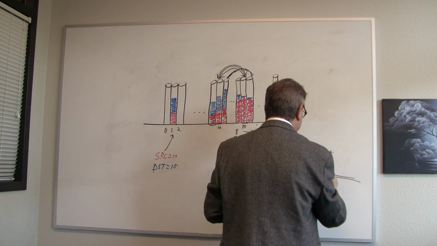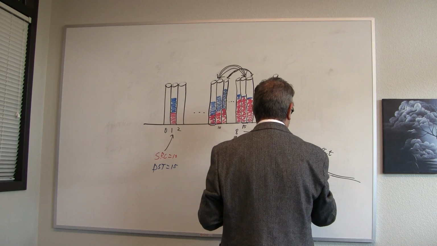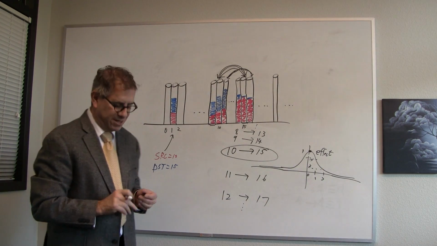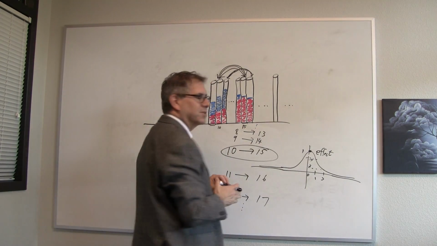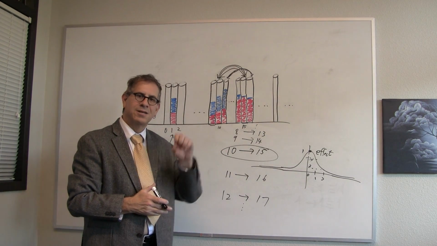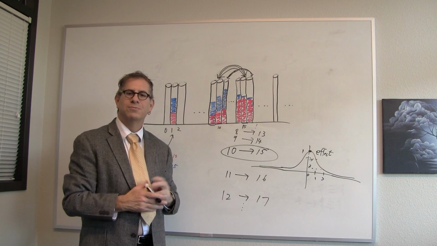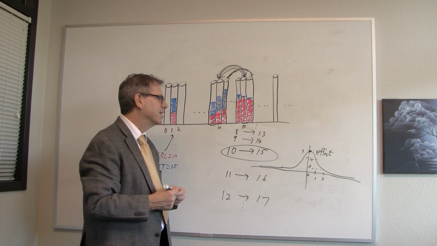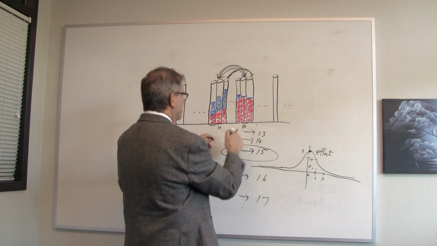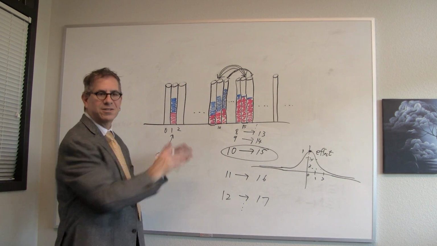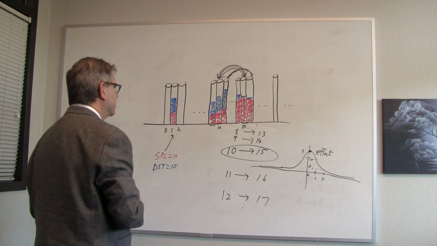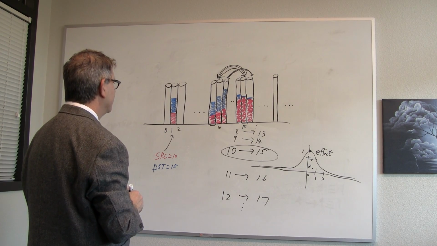And over here at a distance 2, we might have a tube of diameter 0.2, and so on. So the further out we go from the center point, 10-15 in this case, the smaller the connecting tube and the less chemical transfer we have. The dominant effect is between 10 and 15, but there's still an effect nearby, and in fact it goes on forever until you hit the end of your space.